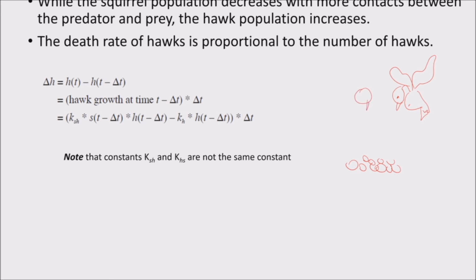Okay, so now they're eating a lot of them. So what does this mean? This means when they're eating them, the squirrels' population goes down. Again, having more food means the hogs' population goes up, right? So while this is going down, this is going up. So that's what it means by this sentence.